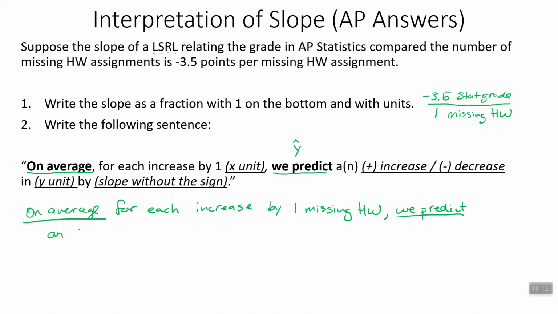And let's see, now, we're going down. So down means decrease. So we don't need and, we can just say a decrease. Oops, I was putting words together. Decrease in whatever y stands for, our statistics grade.